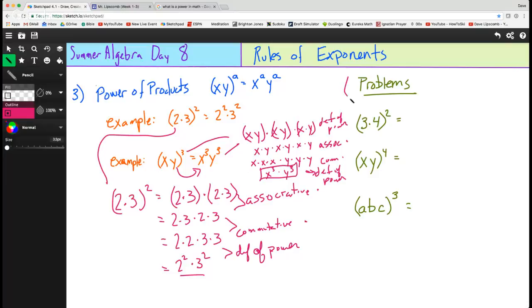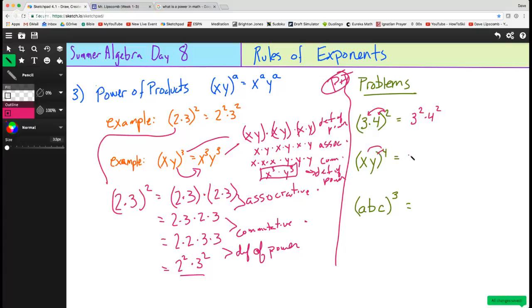So let's do our problems. I want you to pause and try and do these problems. And remember, you just kind of think of it like this. It's almost like distribution, but it's not really distribution. I'm just going to drop my power right on top of each base or each expression that's multiplied together. So this is 3 squared times 4 squared.